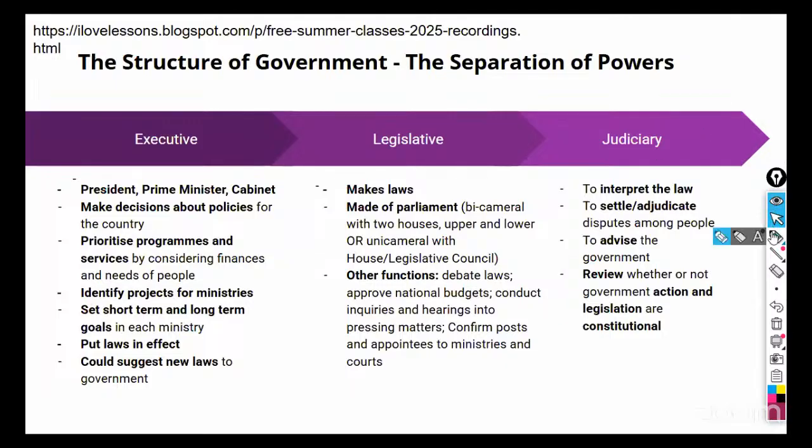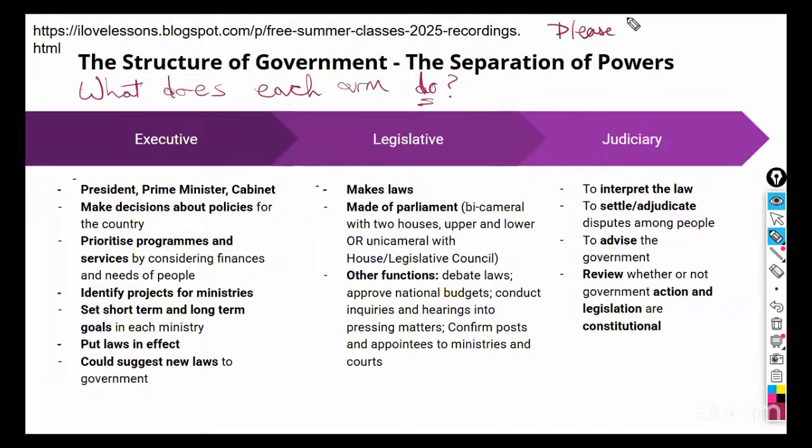We're looking in detail now at what each arm of the government does. Before the previous slide, we had a little description of who they are and who makes them up. But now we're looking at what each arm does. And yes, please take notes, right?